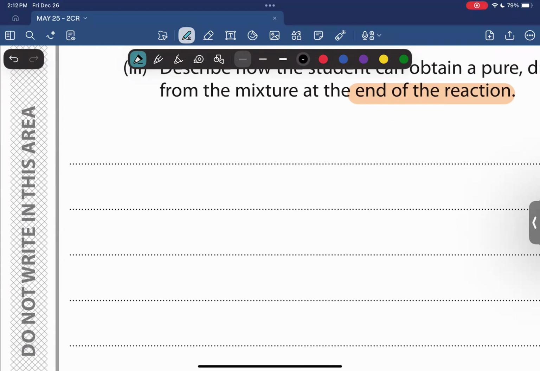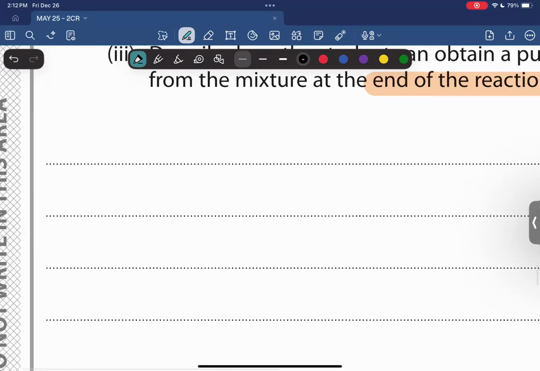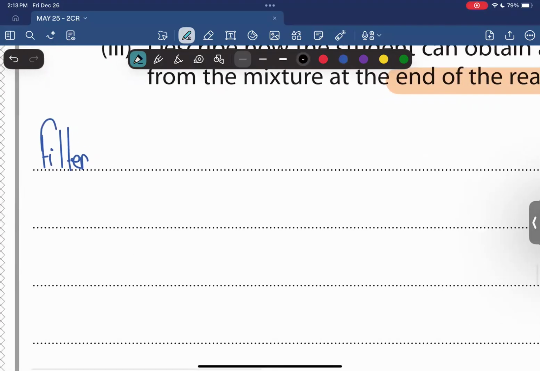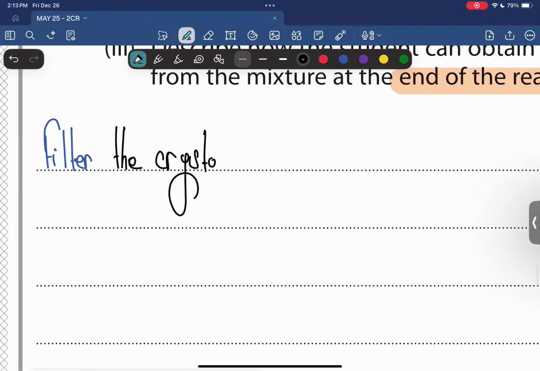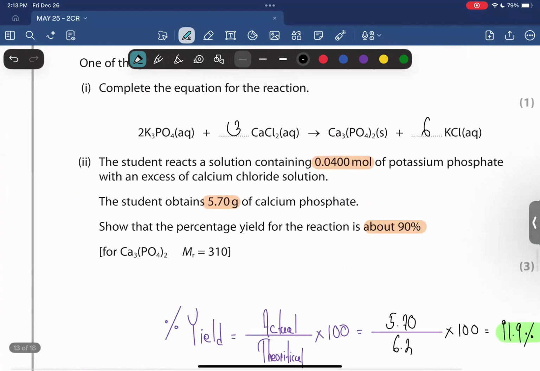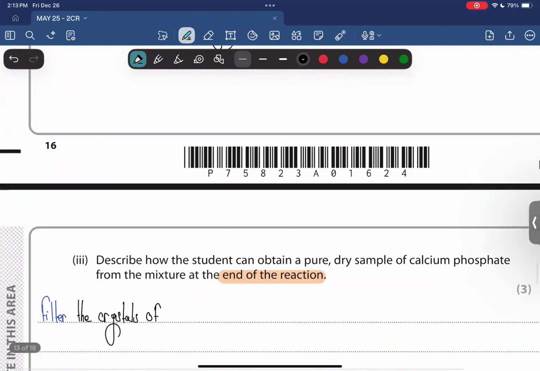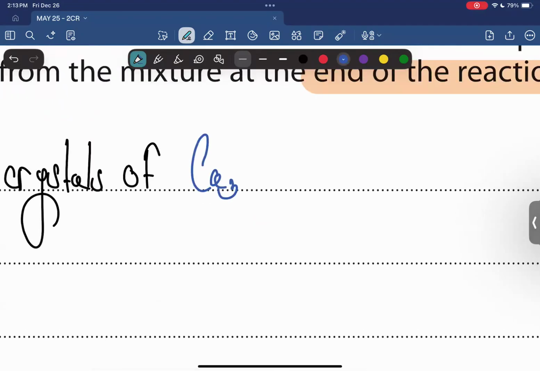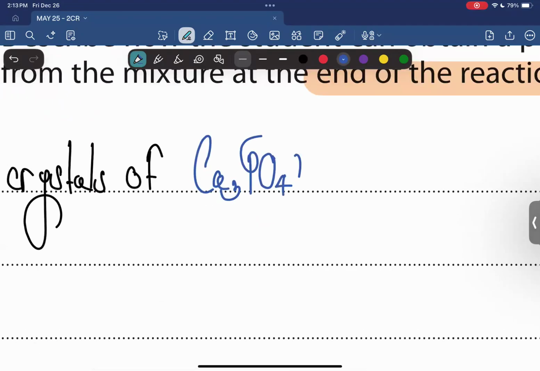So filter the crystals of calcium phosphate, Ca3(PO4)2 solid, right?